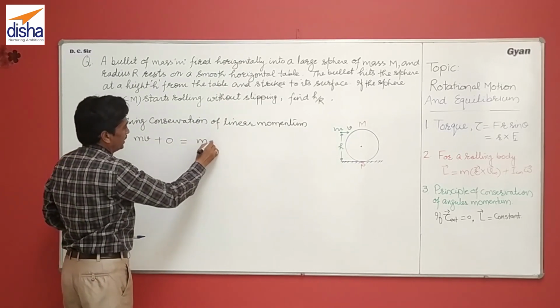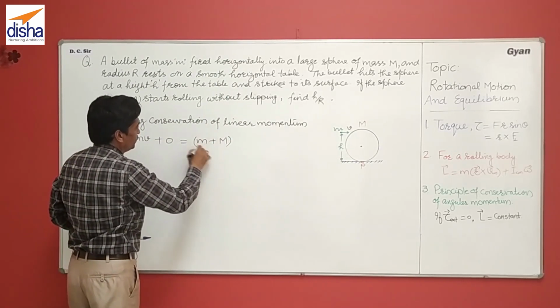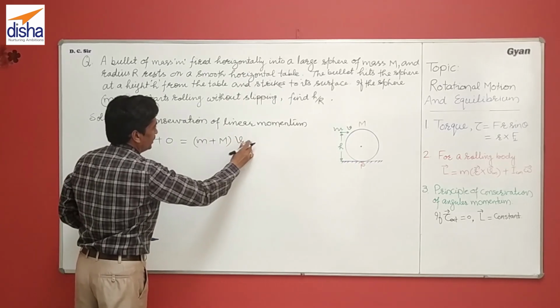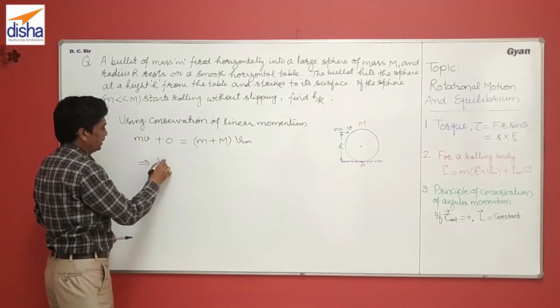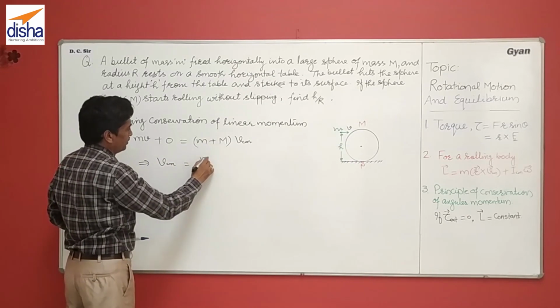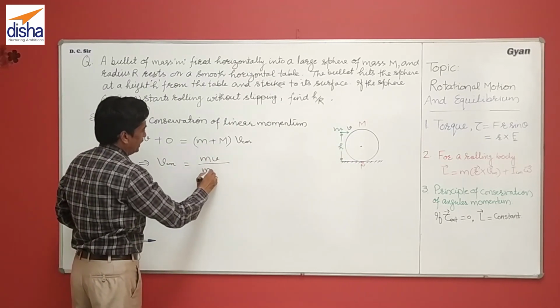It will be (m plus M) into vcm. That velocity of center of mass is this. So velocity of center of mass equals mv upon (m plus M).